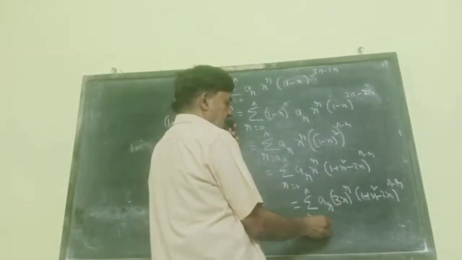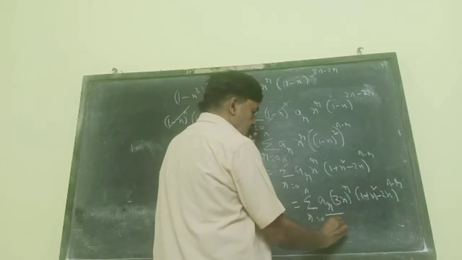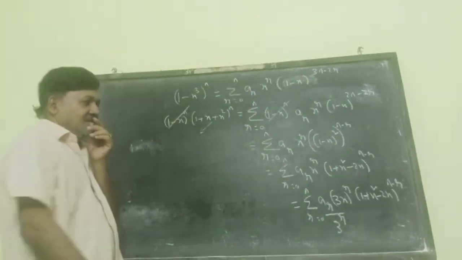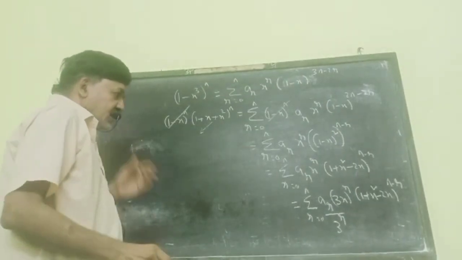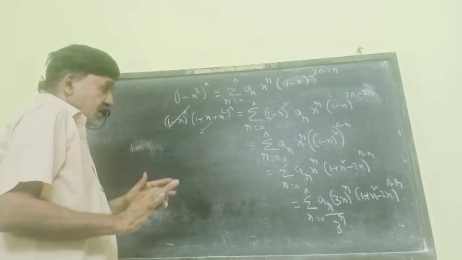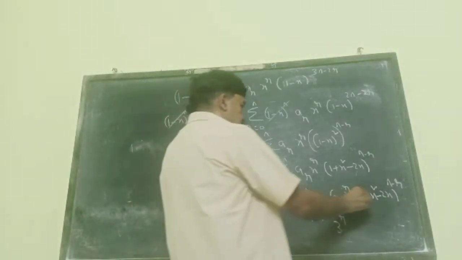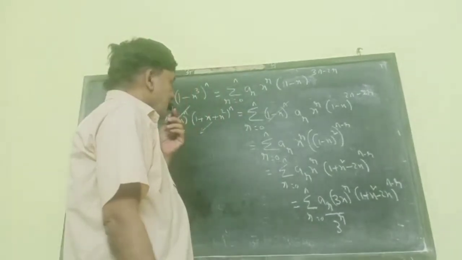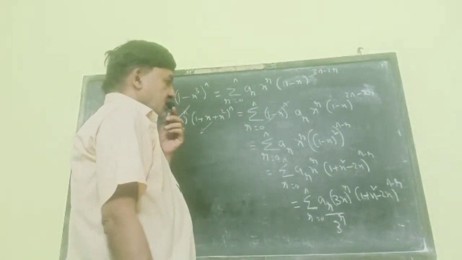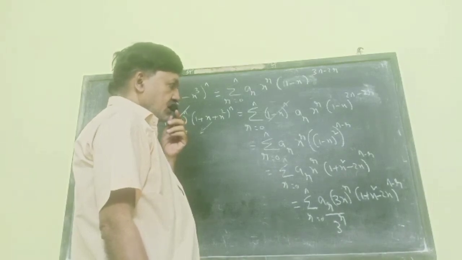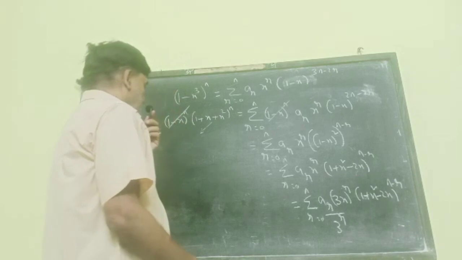Extra 3 power r. You write by 3 power r like this. Okay? See, the idea is very simple. The idea is I want to convert this into one binomial expansion. That is the idea. Right? So A_r into 3x whole power r into 1 plus x square minus 2x whole power n minus r by 3 power r you write.